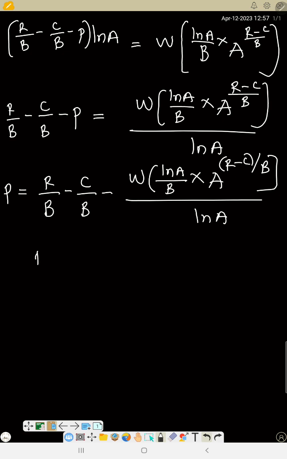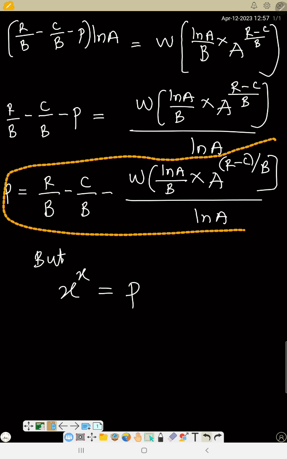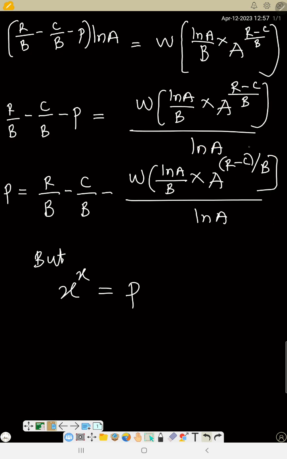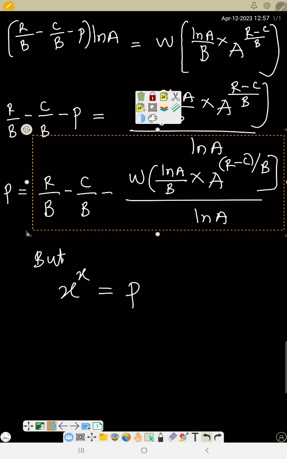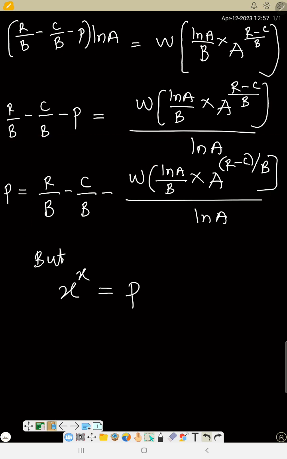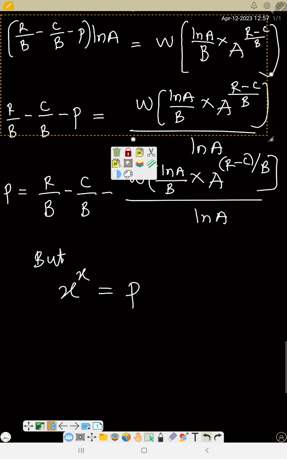But remember that s raised to power s equals p from the beginning. So s raised to power s is p. So I'll save this p. So this is our p.